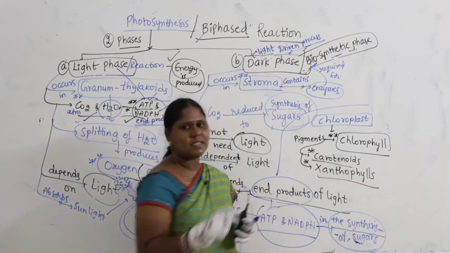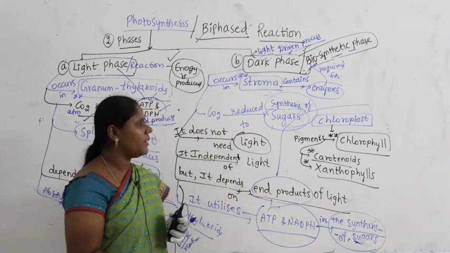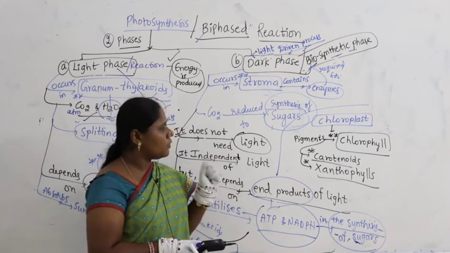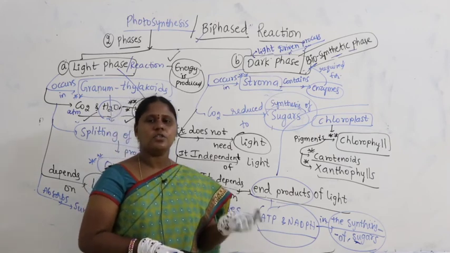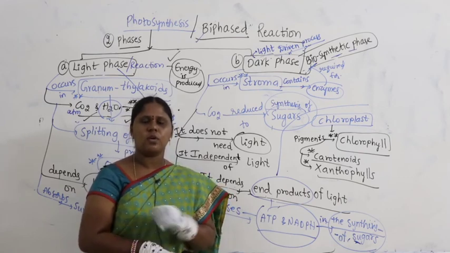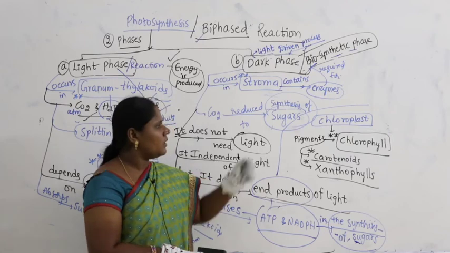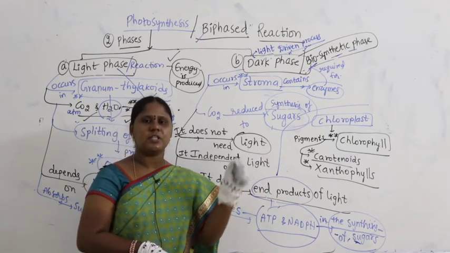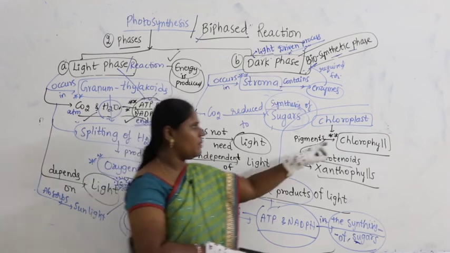So, the chloroplast contains important pigments for the process called photosynthesis. So far, according to Julius von Sachs, what we have studied is that photosynthesis happens because of a special pigment, chlorophyll.